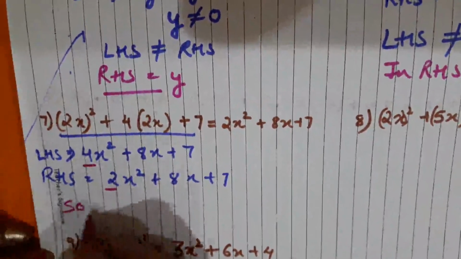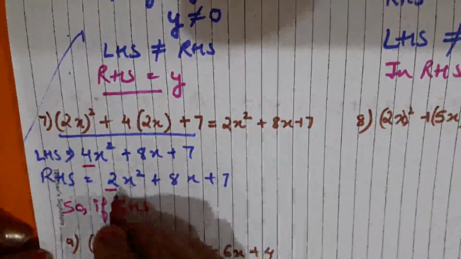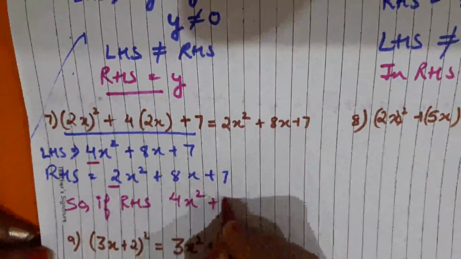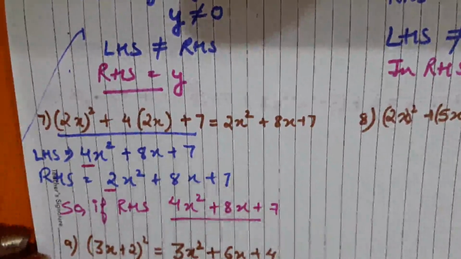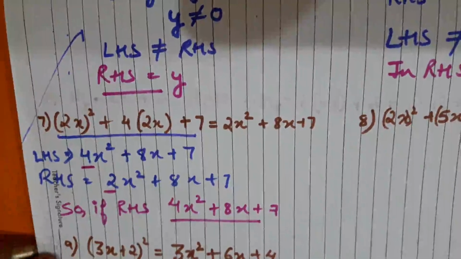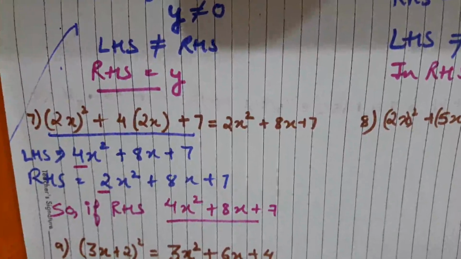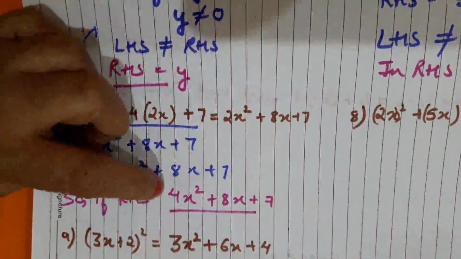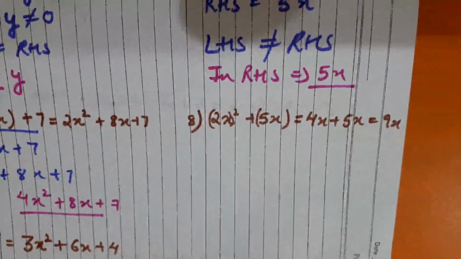So if in the right-hand side 4x square is there instead of 2x square, it will be equal to the leftmost side. Initially they are not equal to each other. If we correct it and write this instead, then only they are equal. Now let's see the next part.